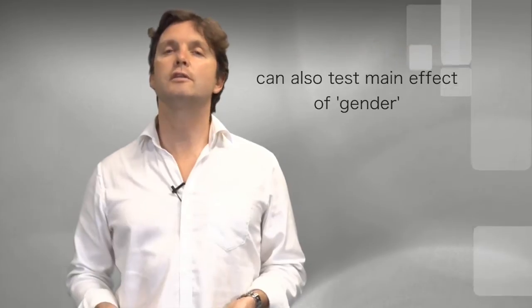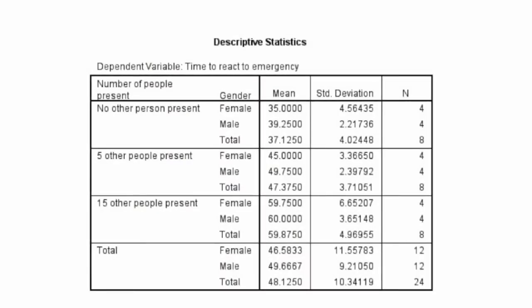The descriptive statistics table can also be used to get an idea of the interaction between the two independent variables. That's whether the effects of one variable, for example, the number of people present, on response times are dependent on another variable, for example, gender.